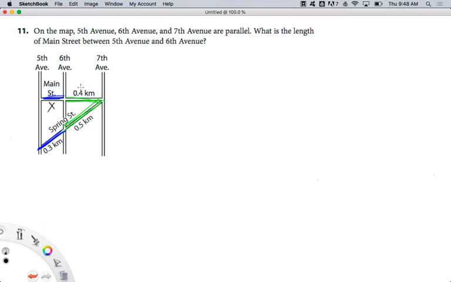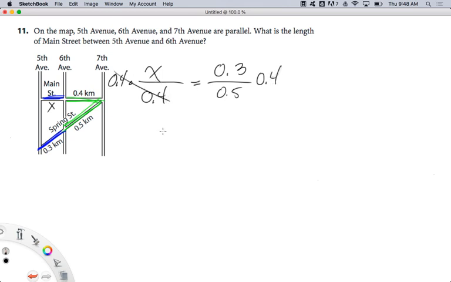This segment is what they're interested in. So x over 0.4 equals 0.3 over 0.5. In this case, I'm doing blue over green equals blue over green. It's the same thing, and I do that just because I want to keep the term that I'm solving for on top. I multiply by 0.4, I get x equals 0.24, and I'm done.